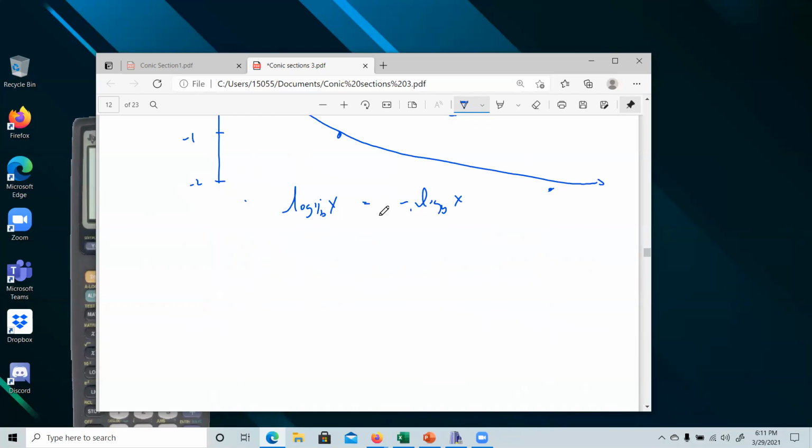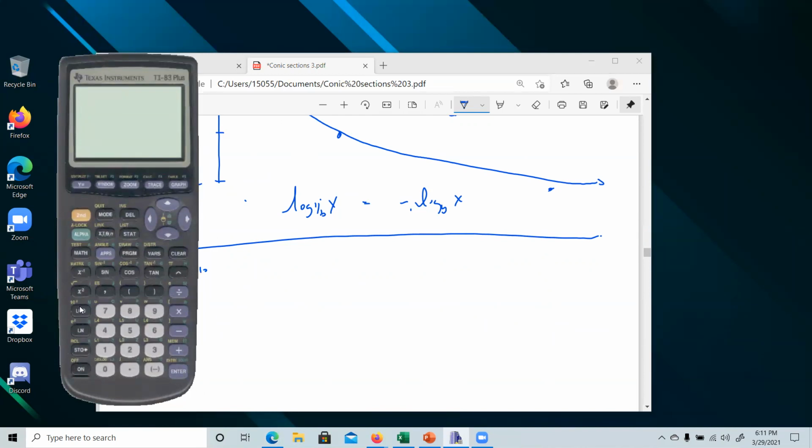There are 3 things we really need to know. Now I'm going to start an example with the 3 things that we need to know. These are all going to be log base 10, which is this button on our calculators.